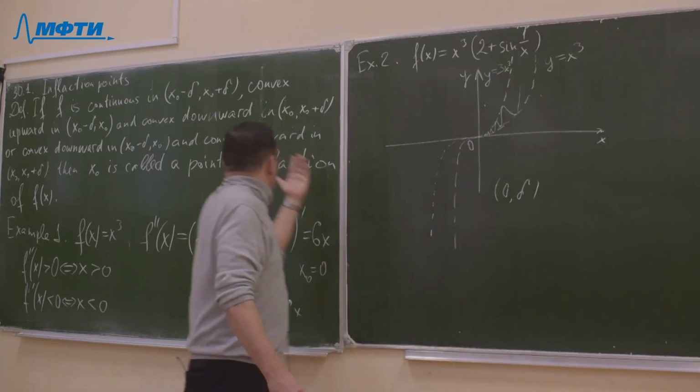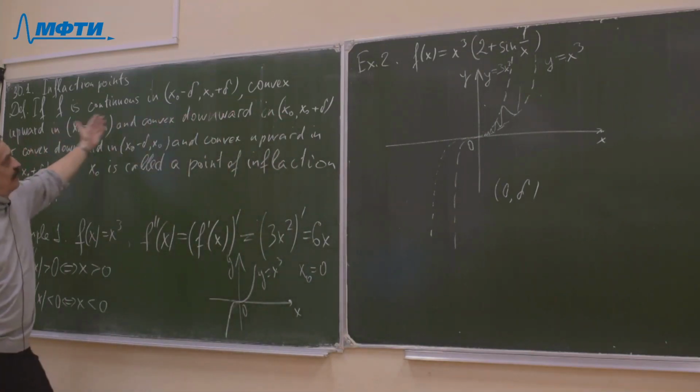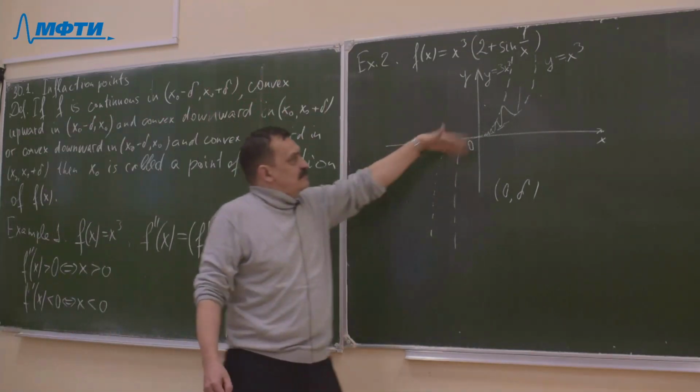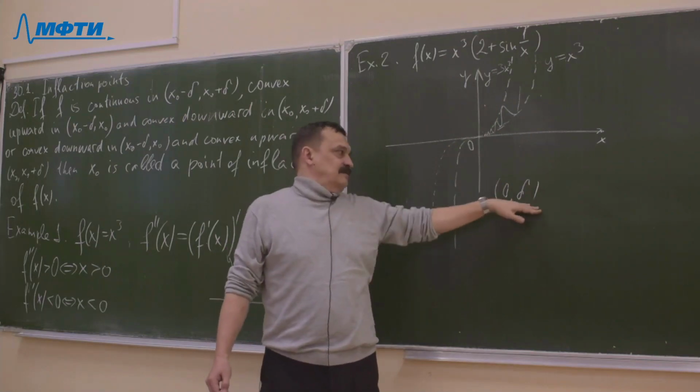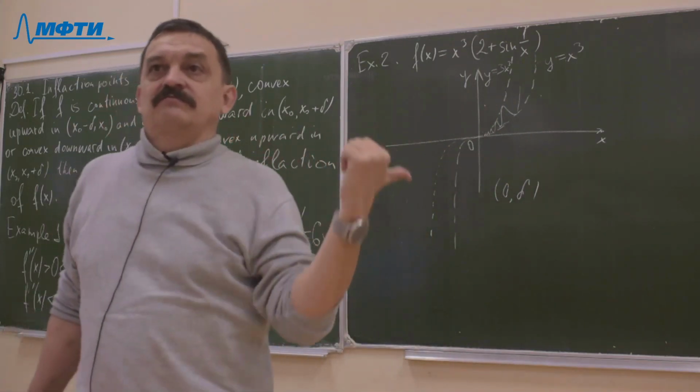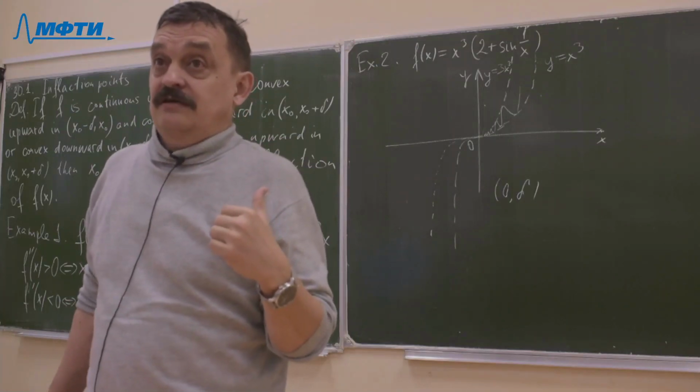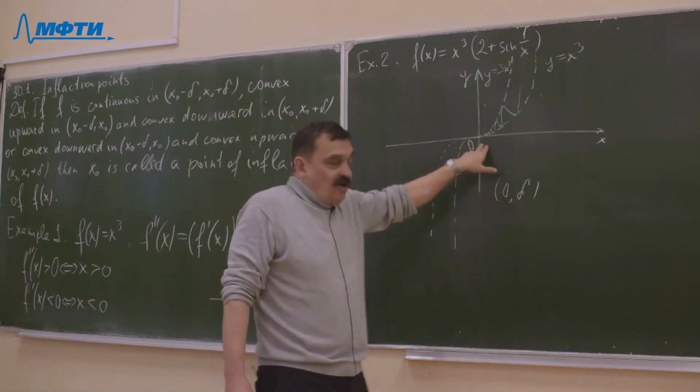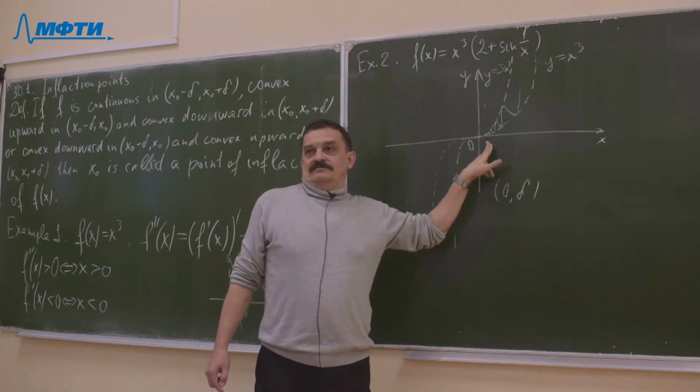It means we cannot find an interval where our function is convex on one side, in (0, delta), and the opposite on the other side, in (minus delta, 0). So 0 is not an inflection point.